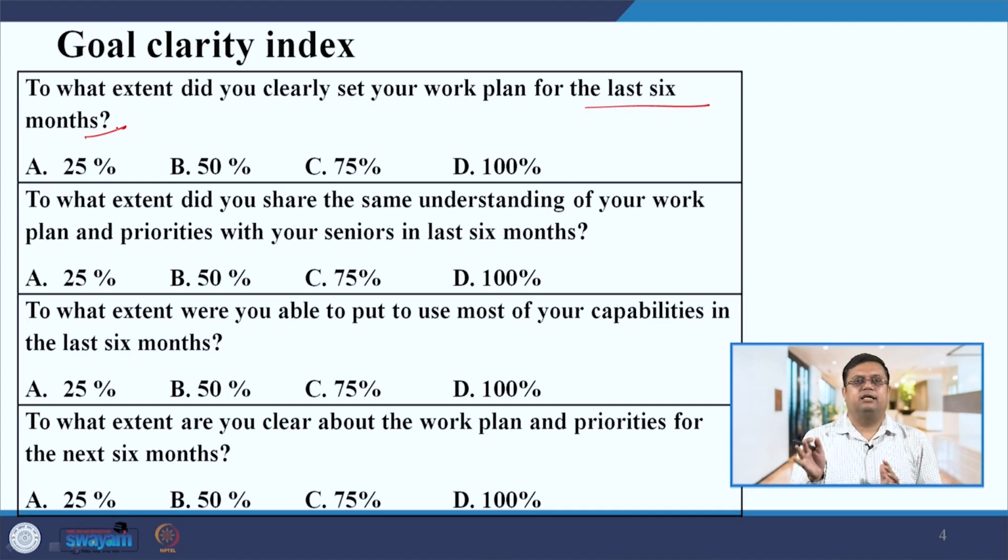You can analyze this pattern and see how much you need to focus on goal clarity in your organization. By developing this goal clarity index department-wise and employee-wise, you can also use it during the performance review meeting.